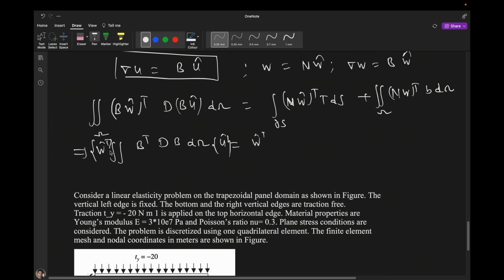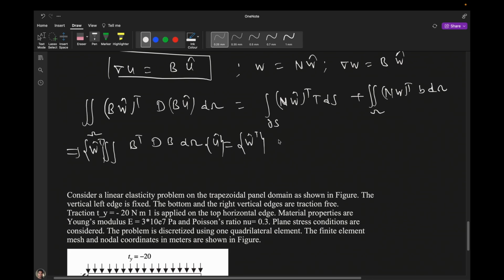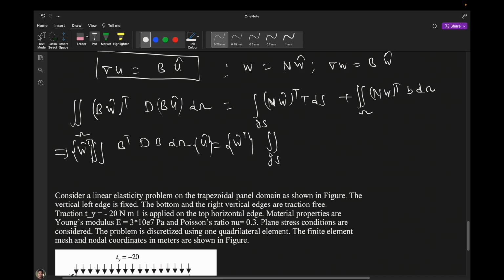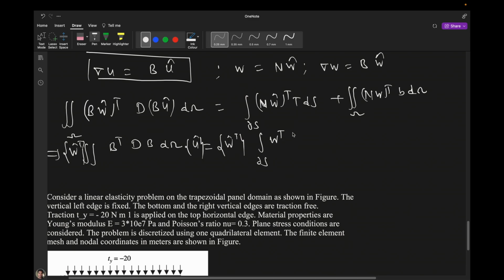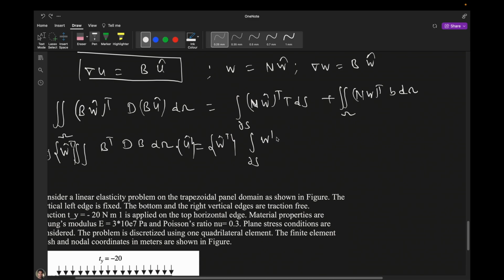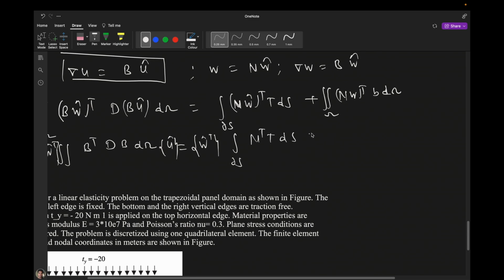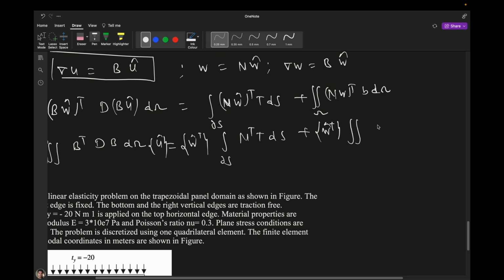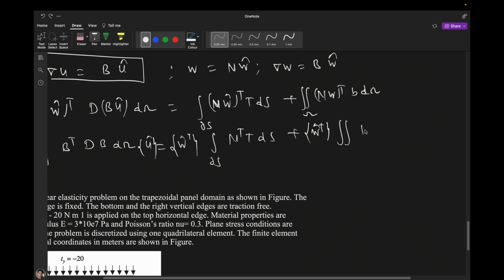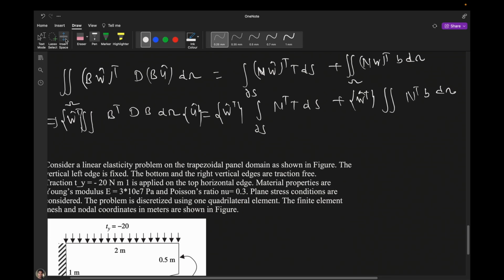I will write in the matrix form here, and in vector form here, and it will be a single integral now, and it will be n transpose t ds plus w hat transpose, and it will be n transpose b del omega.